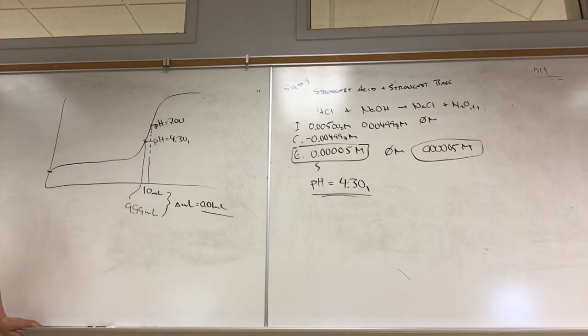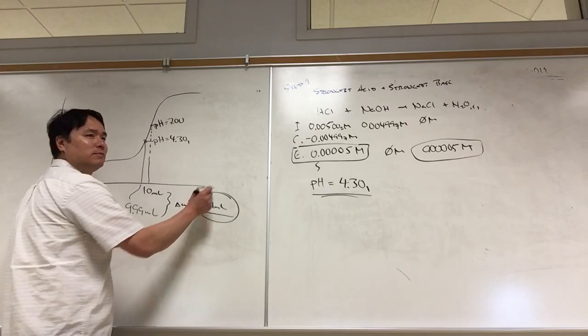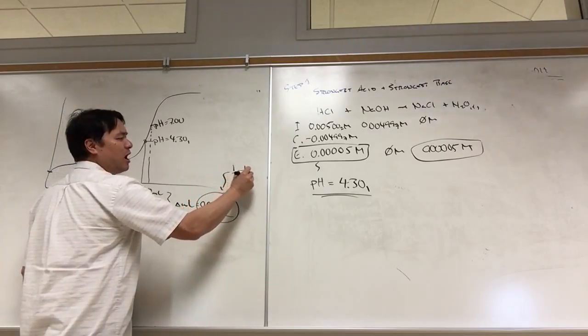Now, how much is 0.01 milliliters? It's tiny, because you know how many milliliters one drop is? One drop is about 0.05 milliliters, because there are about 20 drops in a milliliter. So if there's 20 drops in a milliliter, then each drop must be 0.05 milliliters. And so this is 1/5 of a drop.